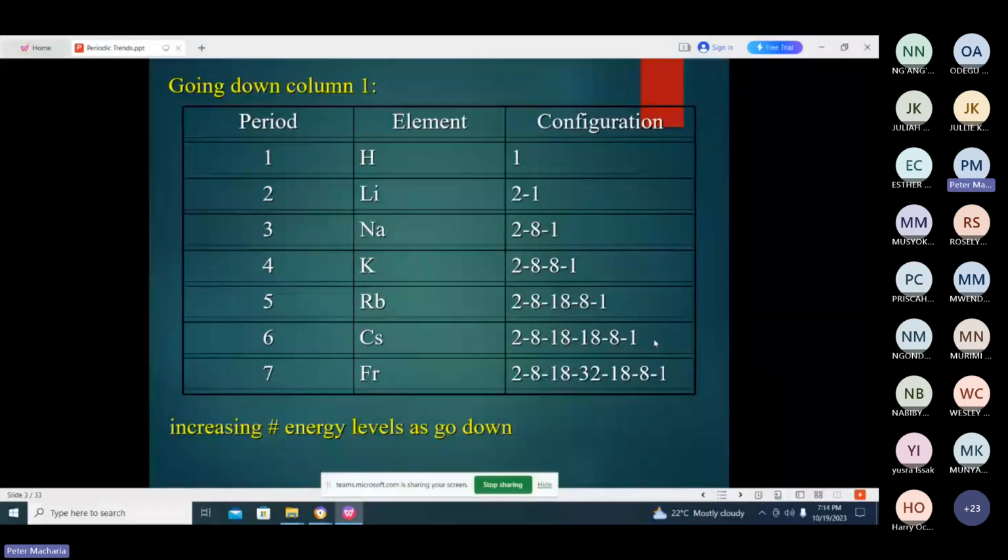So what is changing as you move down the group? The number of principal quantum energy levels is increasing as you go down the group, meaning that the distance of the outermost electron from the nucleus is moving further and further away, right? Yes.